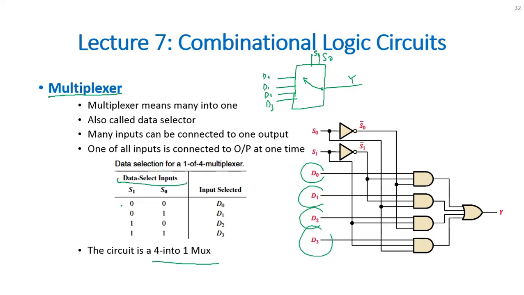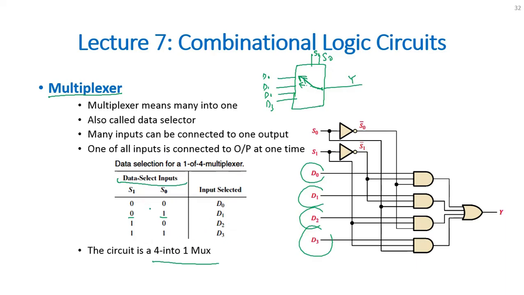For example, if S1 and S0 are both 0, D0 will be connected to the output Y. So this needle will be connected in this direction. If S1 is 0 and S0 is 1, then this needle will be connected to D1, and similarly for 1 0 it will be connected to D2, and for 1 1 it will be connected to D3.